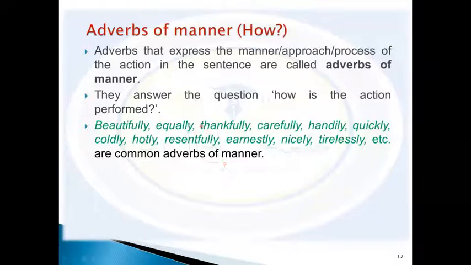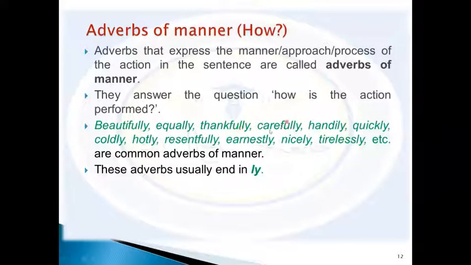All of them include ly at their ends. These adverbs usually end in ly, as you see here in equally, thankfully, carefully. So we call them adverbs of manner.